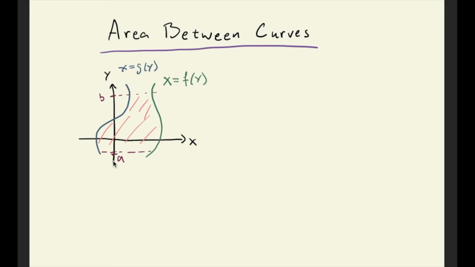On the y-axis before, being on the top meant being bigger, and being in the bottom meant being smaller. But now being more to the right means being bigger, right? So the green is bigger, so more to the right, or what was on top before, and the blue has smaller x values, right?